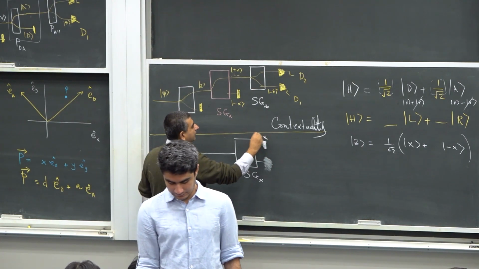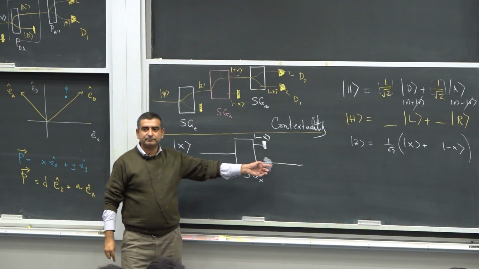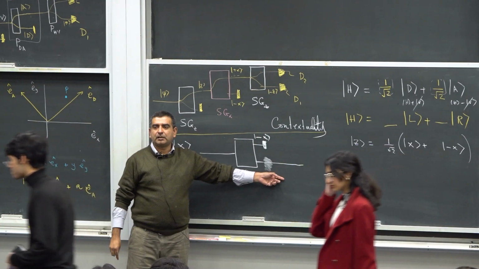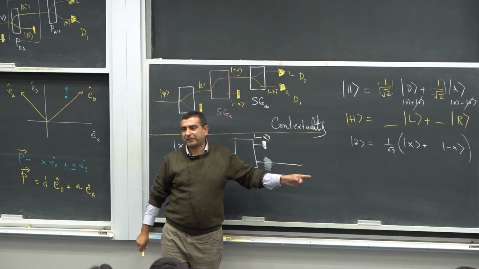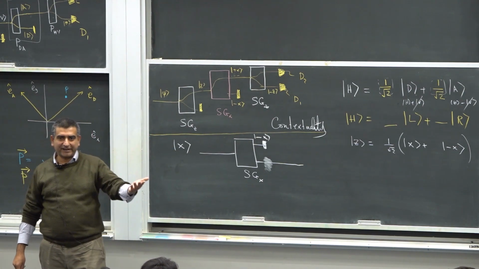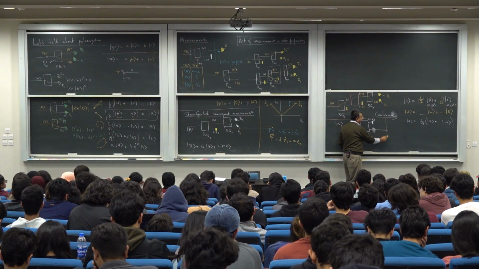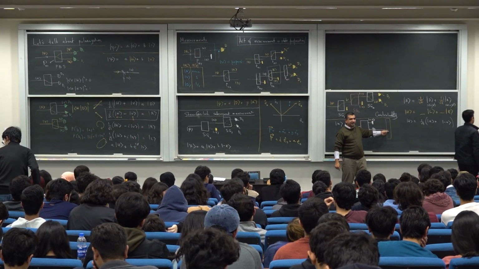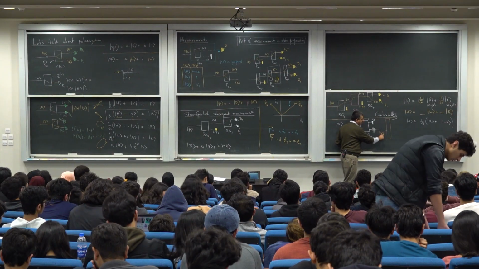This channel I block, and I let the spin go out through this channel. If a spin comes out of this channel, which I can detect because I have detectors, for example a photographic plate here, and a blob appears here, it means that the spin that has come and hit this point must be in the ket x direction.